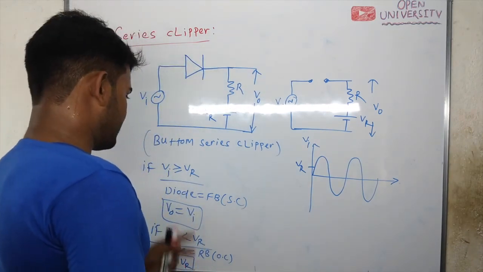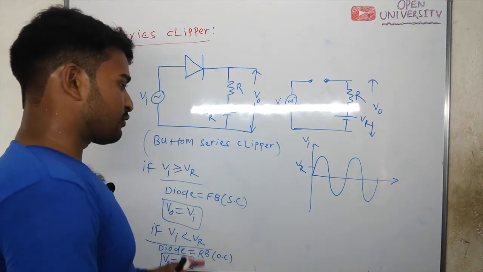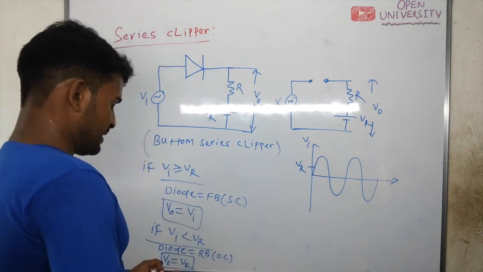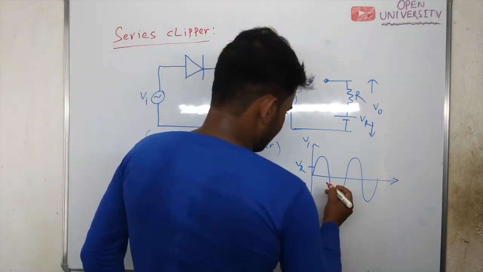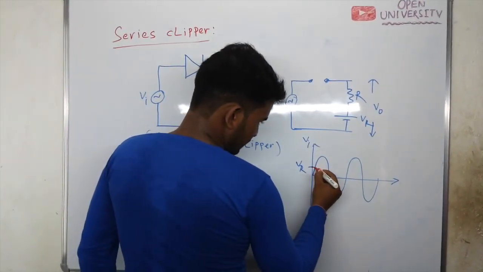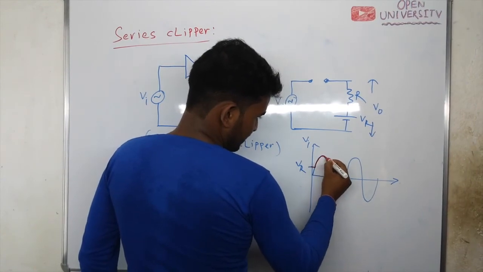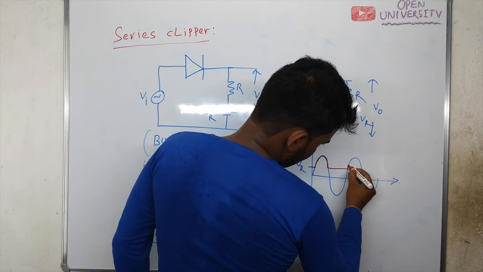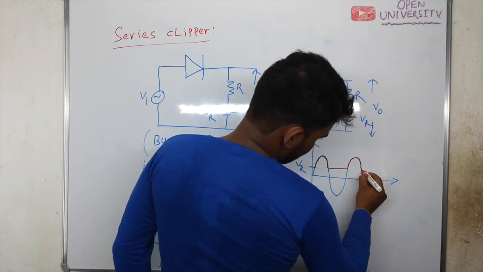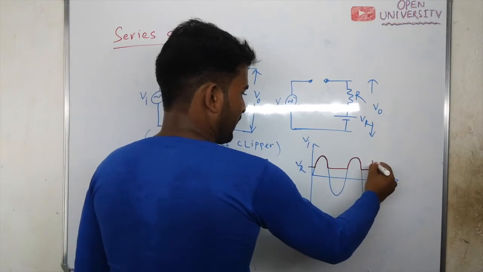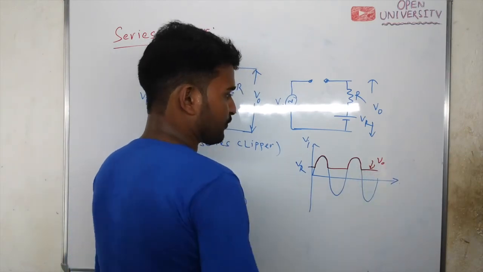V0 will be, if input voltage is greater than or equal to VR, then V0 equals Vi, and if input voltage is less than VR, V0 equals VR. The output waveform will be something like this. The red color is the output V0 waveform.